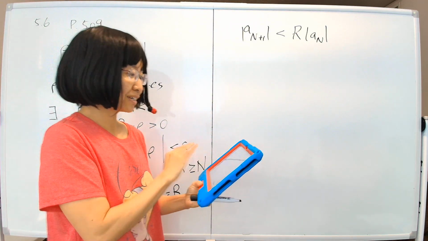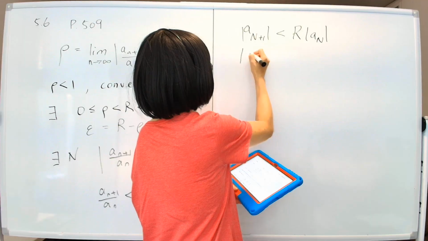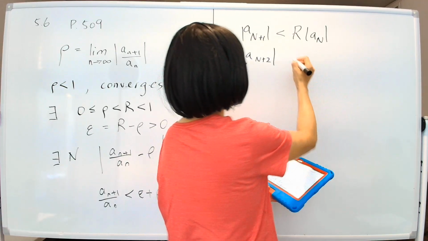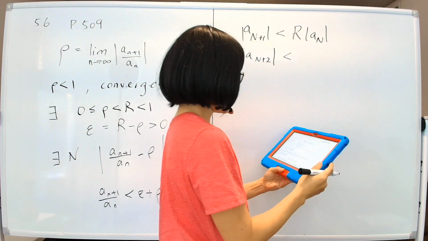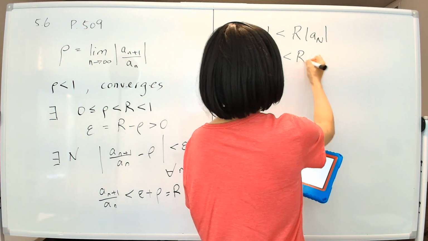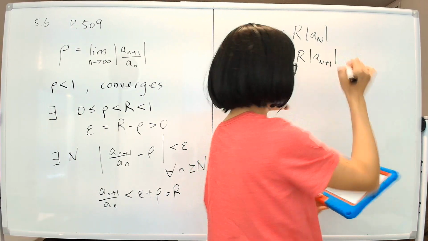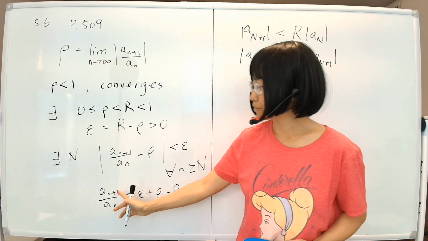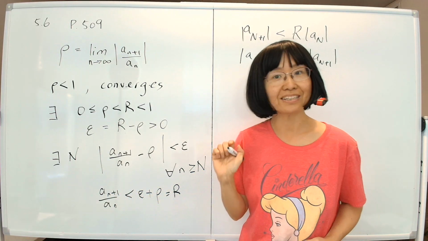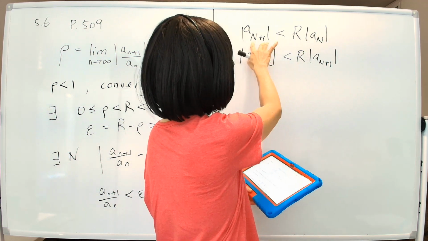The second one we're gonna do is the following: a_(N+2) is going to be less than, what happens with N plus 2? Well, a_(N+2) is by definition a_(N+1) by plugging in the formula, so that becomes R times a_(N+1), and still less than R. So we have this one, but then we're gonna write that down.